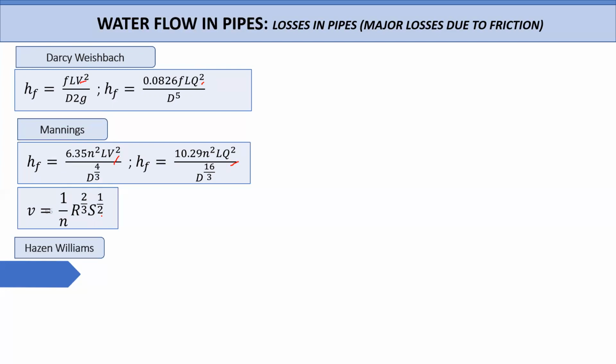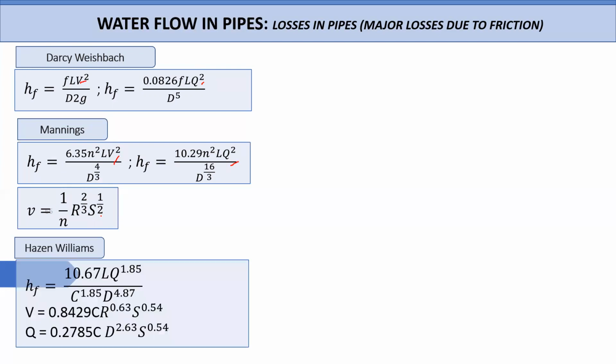And then last, in our Hazen-Williams, the formula for head loss due to friction is equal to 10.67 L Q to the power of 1.85 over C to the power of 1.85 times D to the power of 4.87. These numbers are hard to remember, but you should memorize or be familiar with these equations.